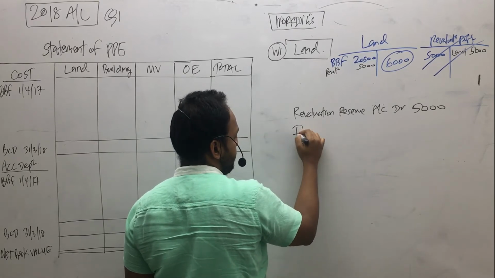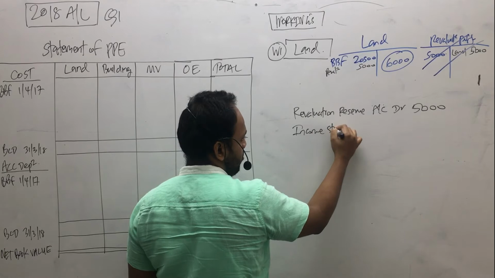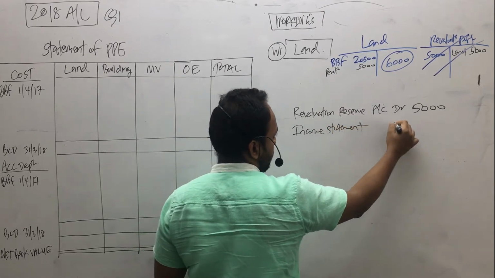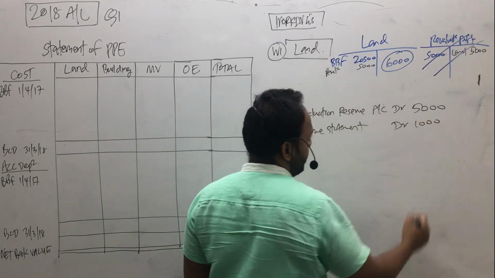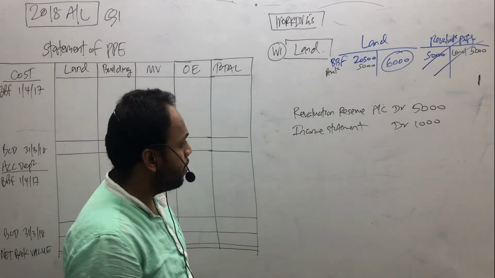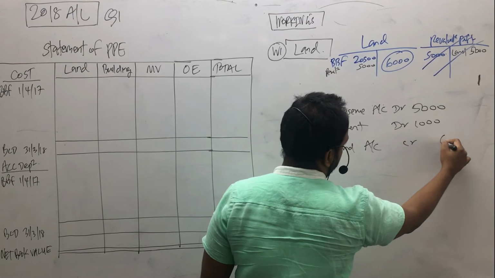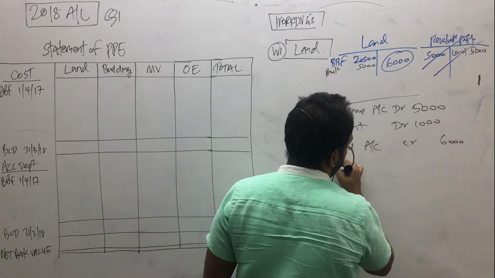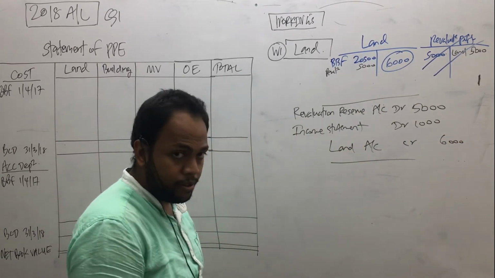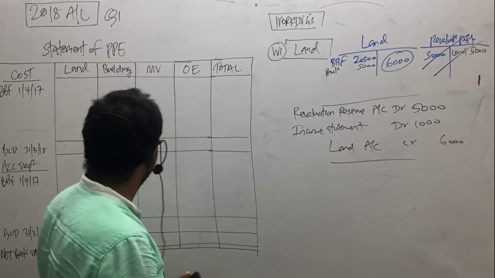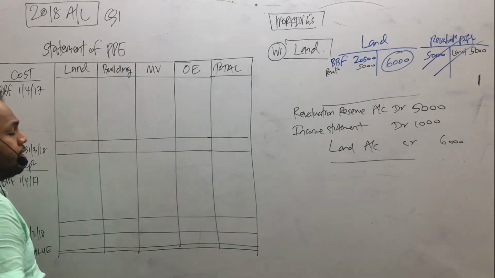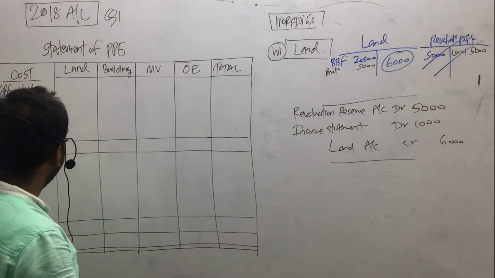Income statement debit 1,000. Then land account credit 6,000.